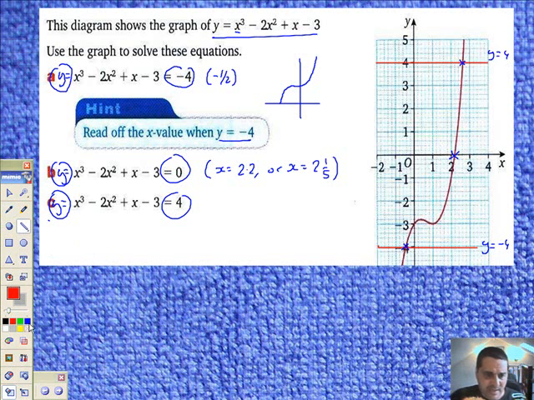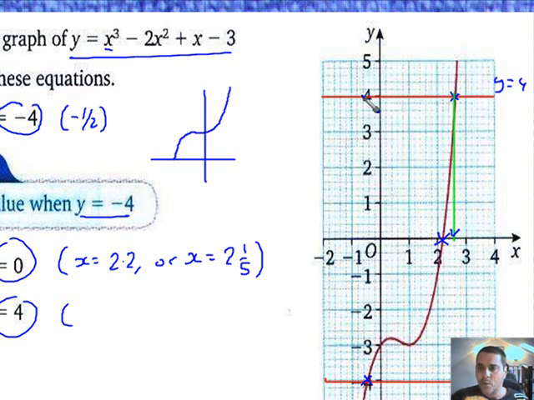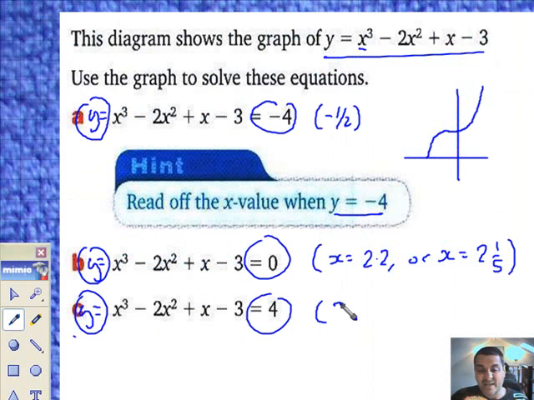Now I've got to try and read that thing down, and let's try and at least show this one on the graph, or about there I suppose. And right there, that's between 2 and 3 I'm guessing, so I'm going to go for 2.5. Right, so when y equals 4, we have the solution of x being between 2 and 3, 2.5. Again, that's not perfect, but it's the best I can do, and I'm genuinely using my graph.